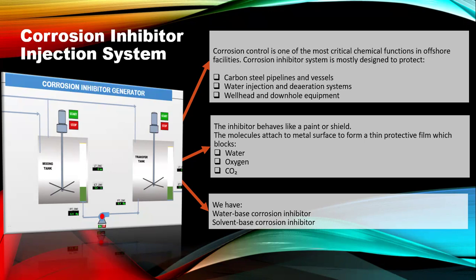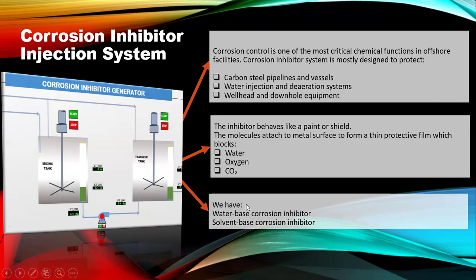All it needs is to attach itself to oxygen and water, and then corrosion will start occurring. So the inhibitor tends to prevent that bond between the water and the iron.